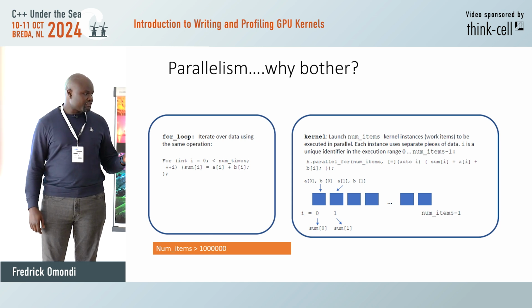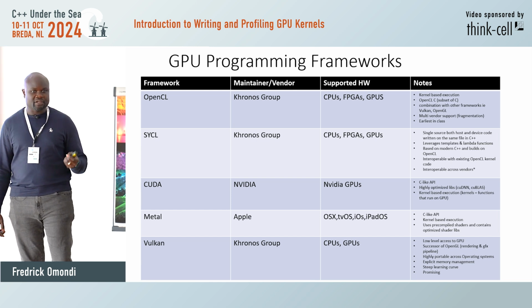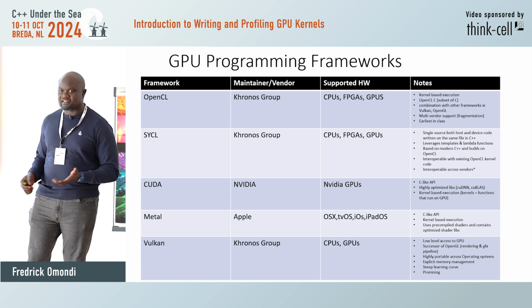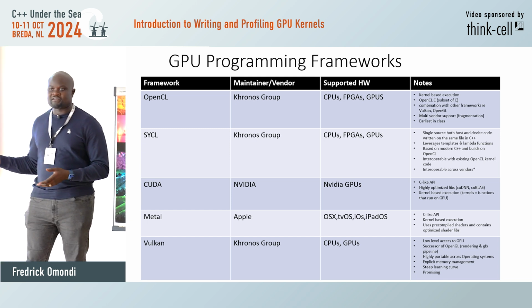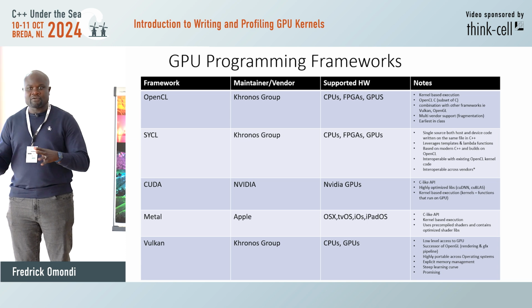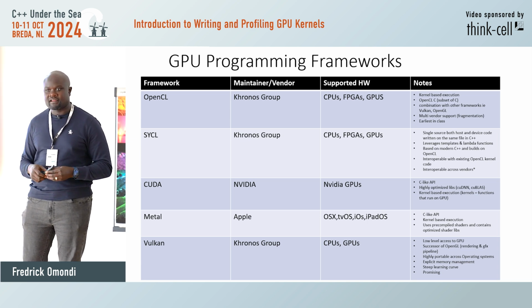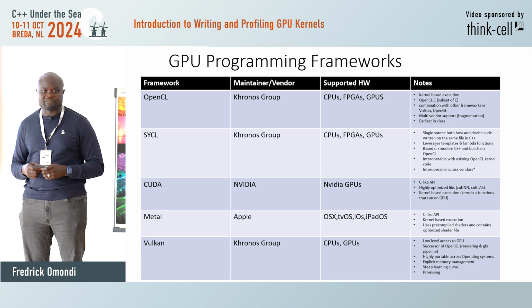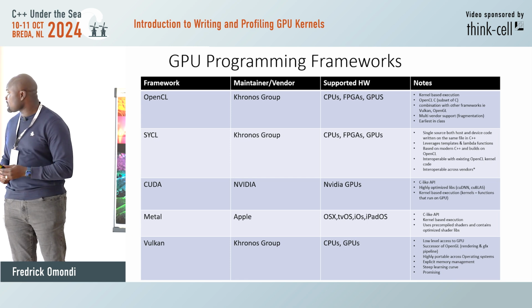When you are talking about GPU programming, there are different frameworks out there that you could use. We've got OpenCL, which is battle tested. It's been there for a long time, and most of the other frameworks try to address issues that arise from using OpenCL to a certain degree. Some issues are not solvable just because different vendors are pushing for different architectures and different agendas in their platforms.